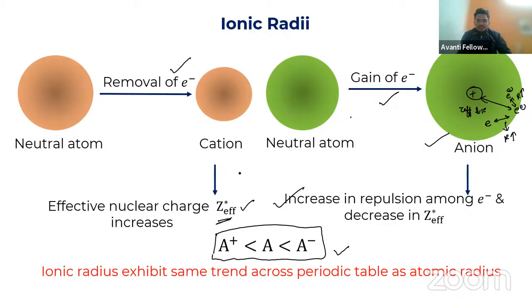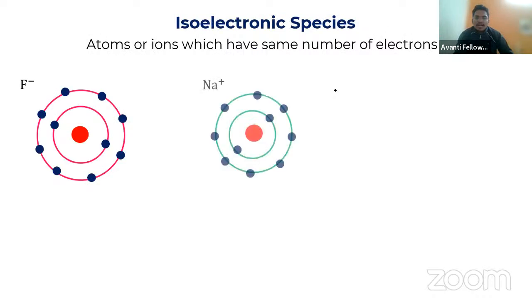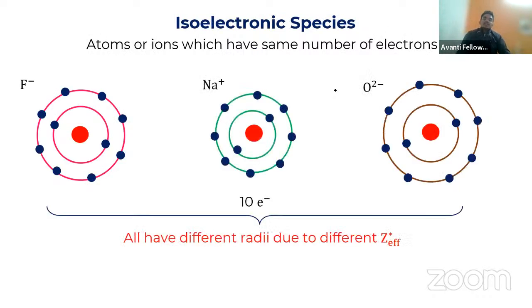Next, isoelectronic species, which is very, very important for your JEE Mains and NEET examinations. Isoelectronic species are simply species having the same number of electrons. If you see here, F minus, Na plus, and O2 minus.